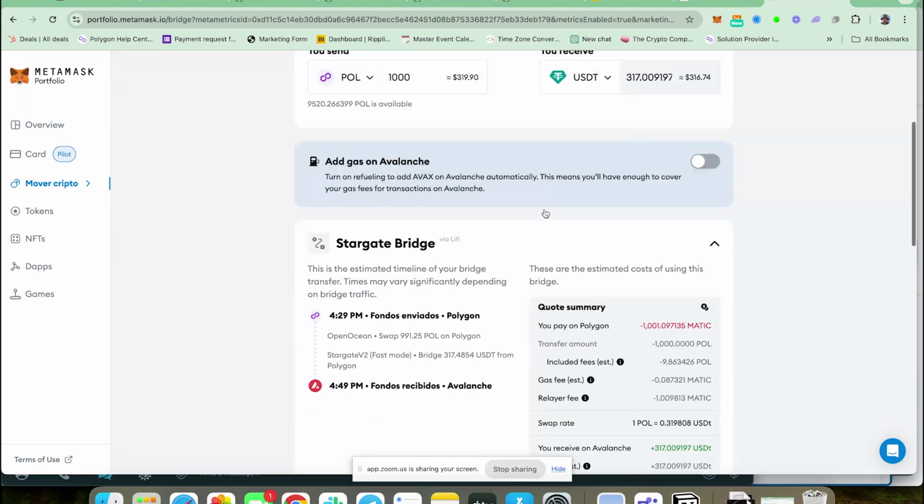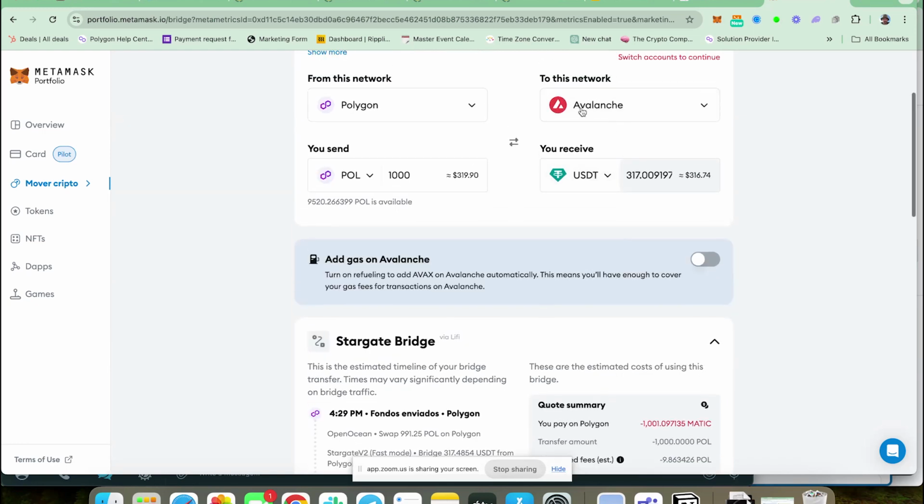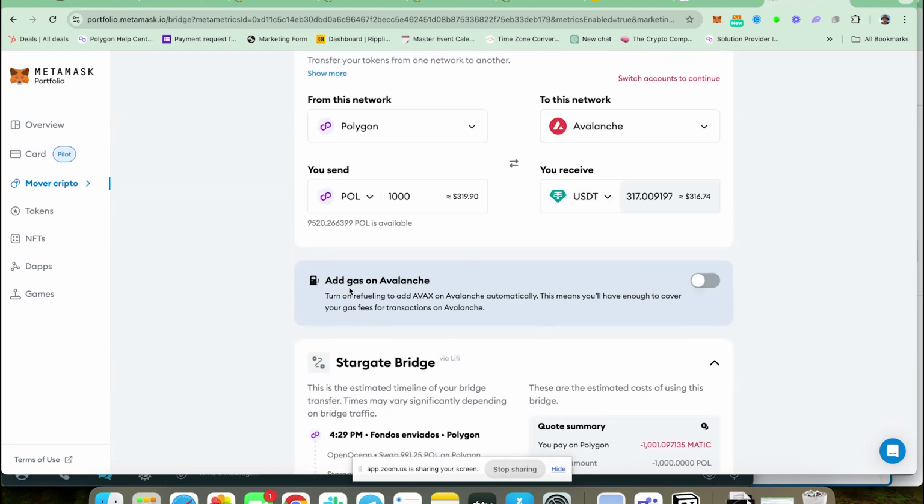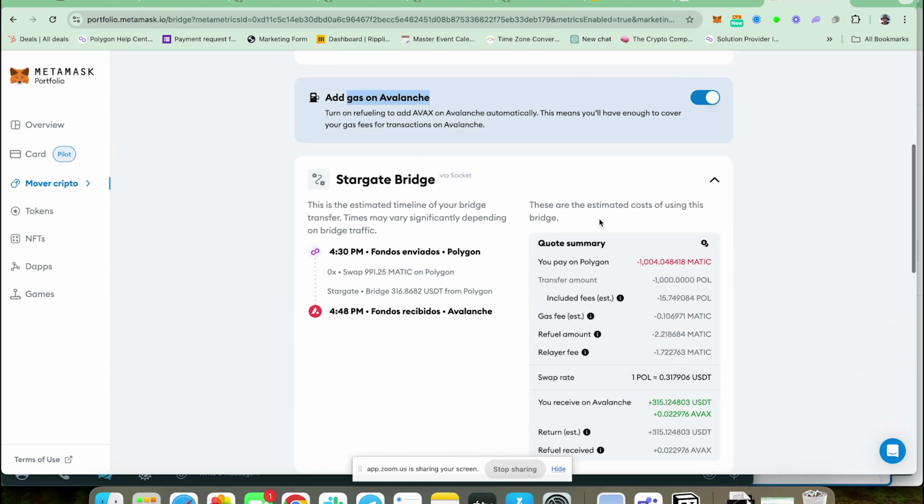The first thing is that in order to do any action on Avalanche, I need gas on Avalanche, the AVAX token. As I don't have AVAX on Avalanche, I need to add gas to operate on that chain.